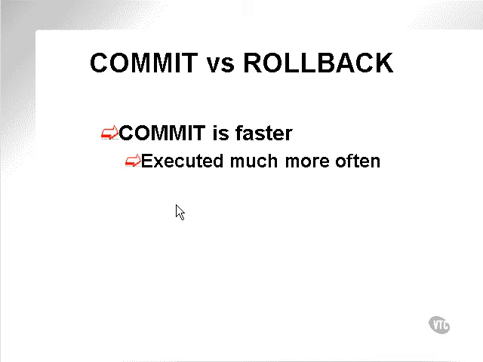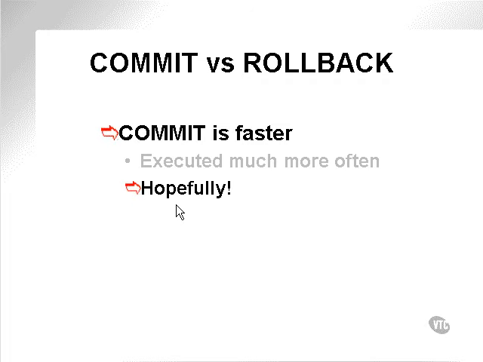First of all, commit is faster. It needs to be because it's executed a lot more often. Hopefully, definitely hopefully, because if you're doing a lot of rollbacks, it means there's too many changes going on that really shouldn't be going on in your database. It is assumed that most of the transaction activity is committing the changes to your database.